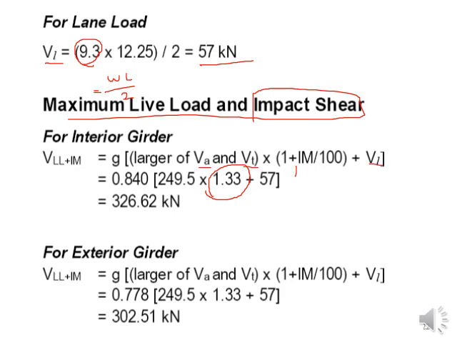Multiply this dynamic load allowance factor only with the moving vehicular loads, and 0.840 out of the list I told you. For the G factors, you take out the interior girder and shear. That G factor you have to use. This is the lateral distribution, this is the longitudinal distribution. Finally you are getting 326.62. For the exterior girder, similarly you have to do it, only the difference will be in the G value.